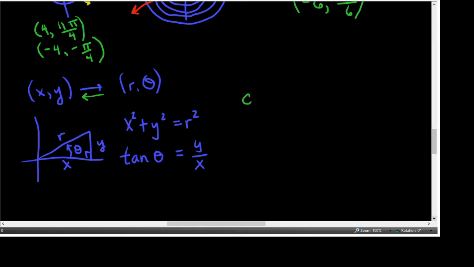So the relationship there is that the cosine of theta is x over r, and the sine of theta relates y and r to each other. So if we want to solve for x, we could multiply both sides of the equation by r. So x is equal to r cosine theta. And doing the same thing with the other equation, y is r sine theta.